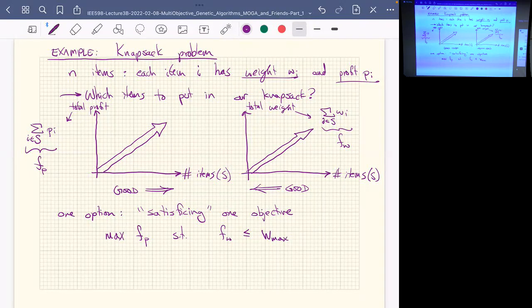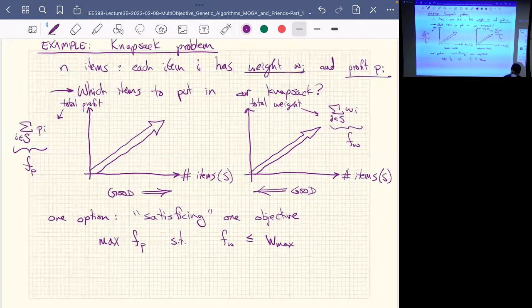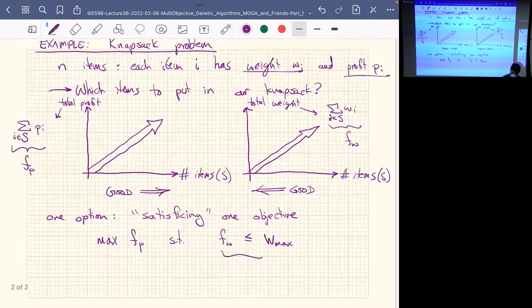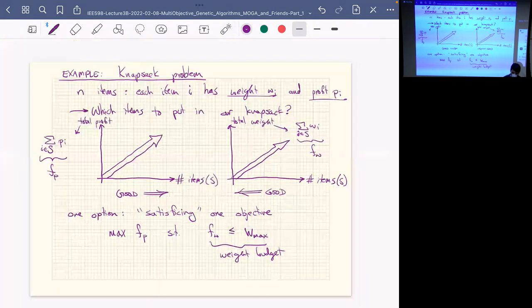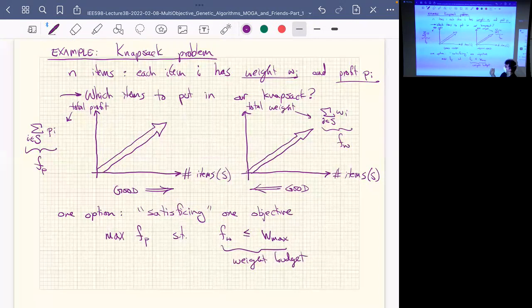This is a common way that you can solve a knapsack problem: you choose a weight budget, and so long as you're under your weight budget, you just maximize your profit subject to that budget. But then the question is, how do you choose the budget? Some people have bigger budgets and some people have other budgets.